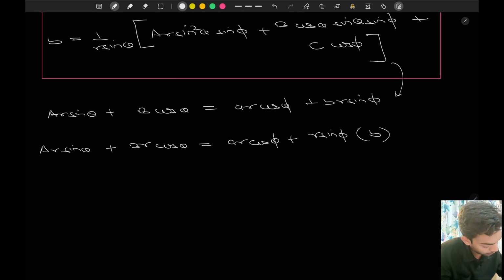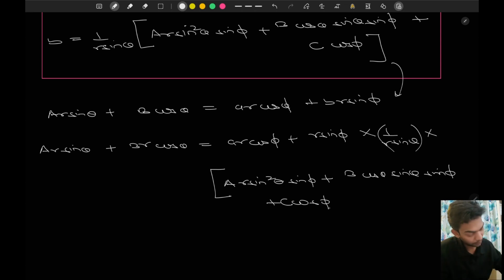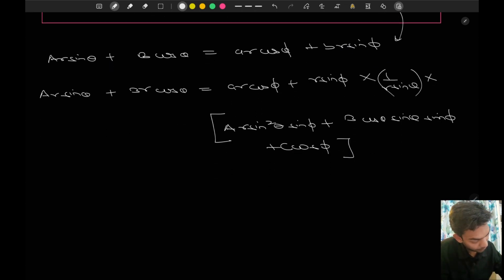So this would give me multiplied 1 over R sine theta multiplied by this whole bracket, AR sine square theta sine phi plus B cos theta cos phi sine phi plus capital C cos phi. So when we do that, this R and R would cancel out, and this sine theta would multiply with these 3 terms, right?